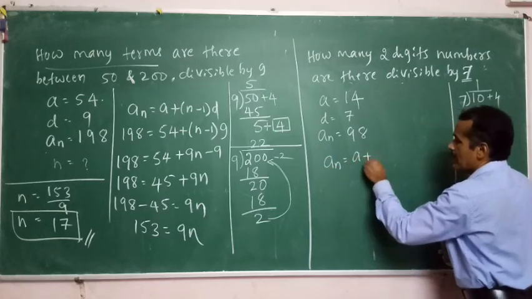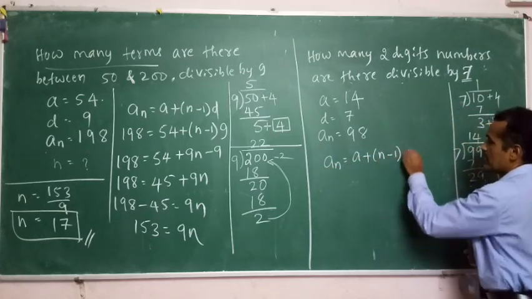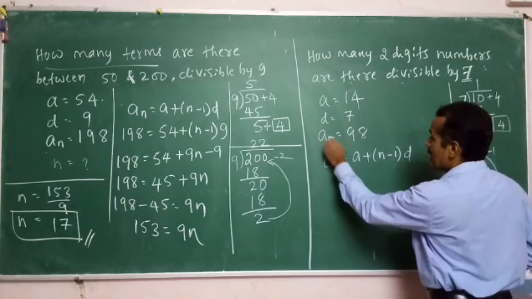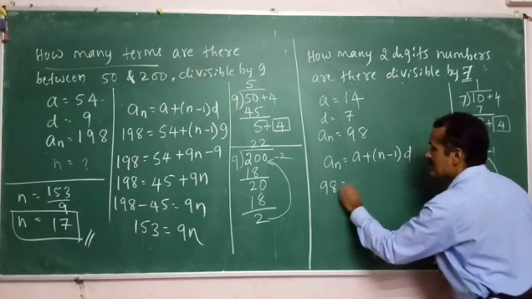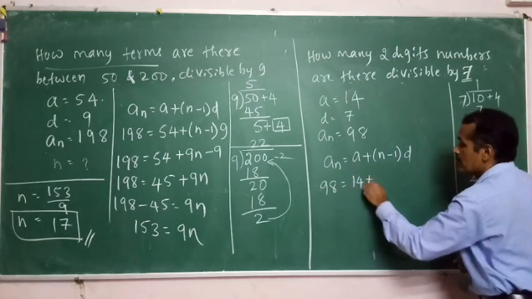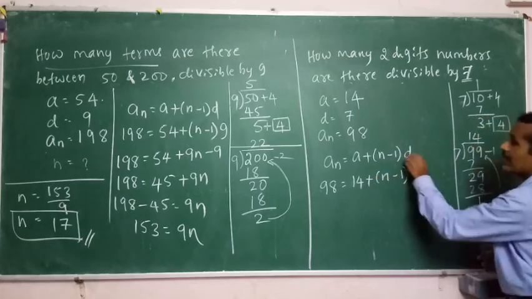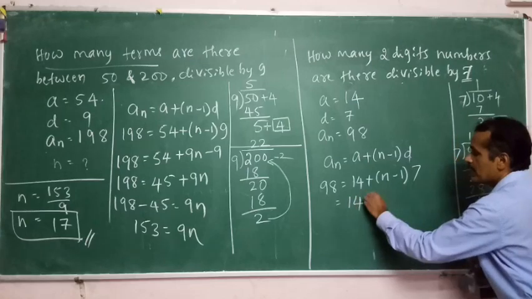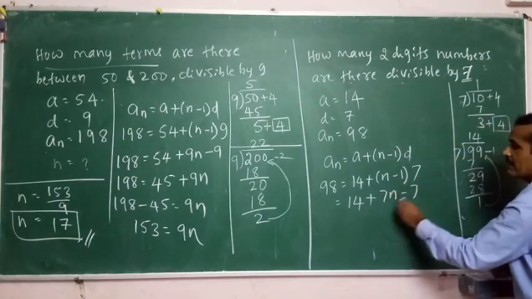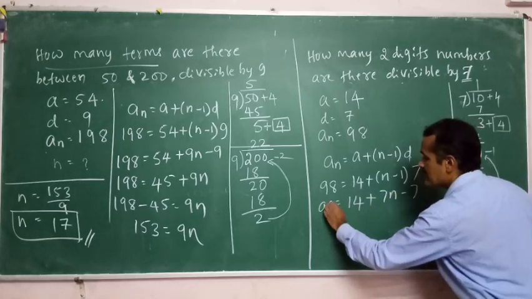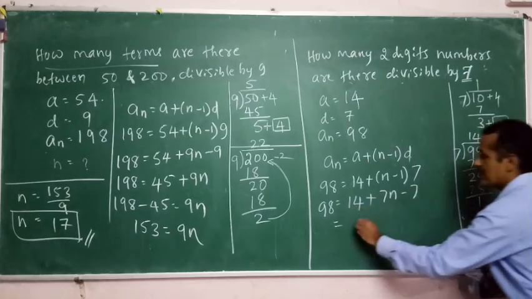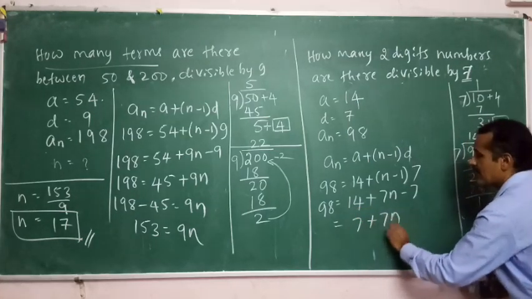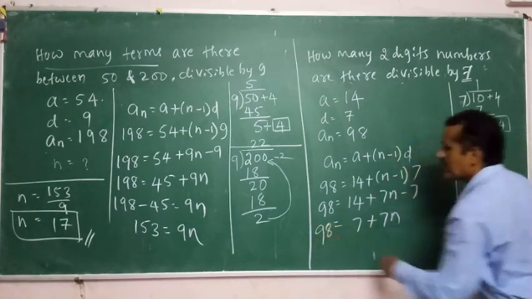An is equal to A plus n minus 1 into d. Come on. An is 98, equal to 14 plus n minus 1 into d. d is 7, open the bracket. 14 plus 7n minus 7 is equal to 98. 14 minus 7 is 7, plus 7n is equal to 98.